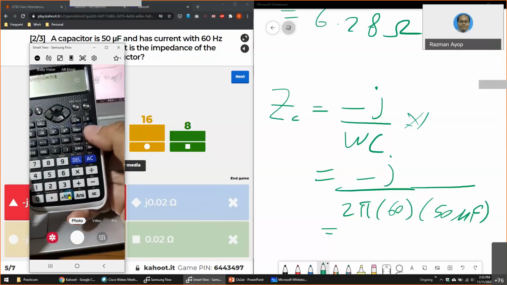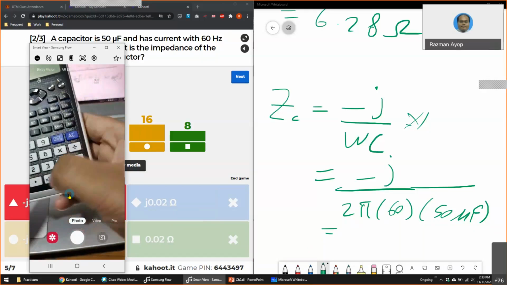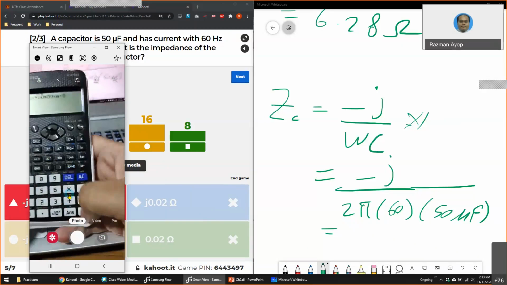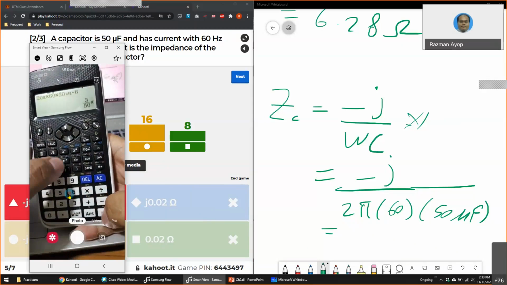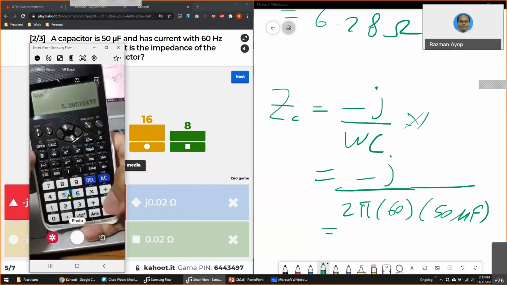Sorry, this is a new calculator. Negative 6. So equals this. Don't forget to inverse it. So you get 53.